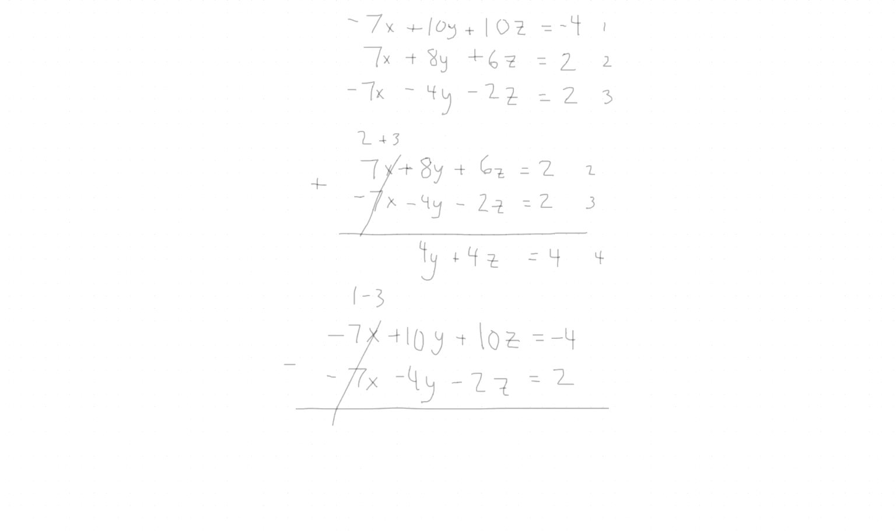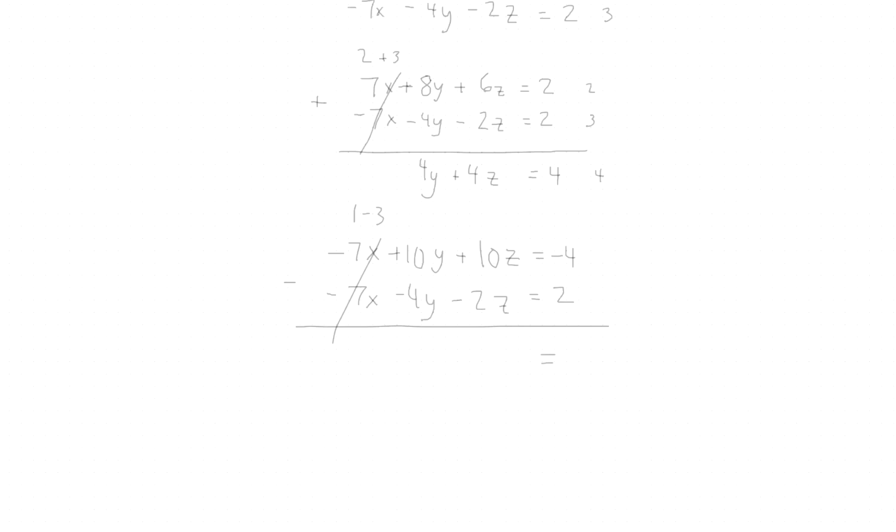It'll be 14, so 14y. And then what's 10 minus -2? 12, so plus 12z.